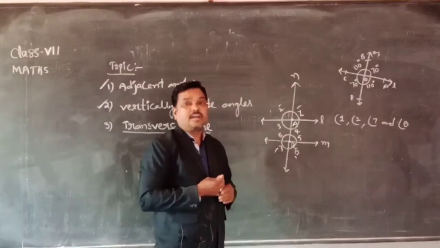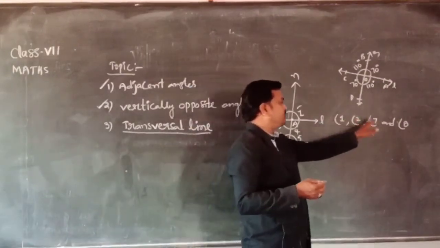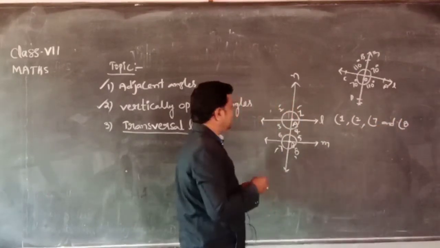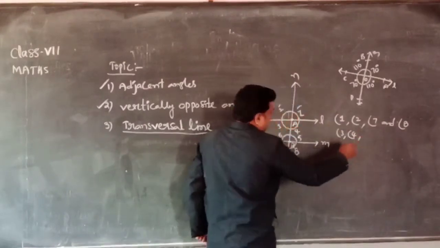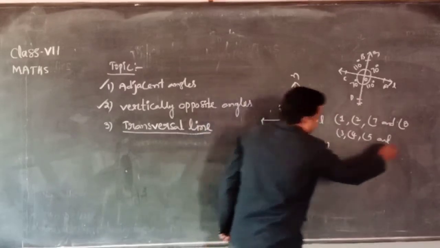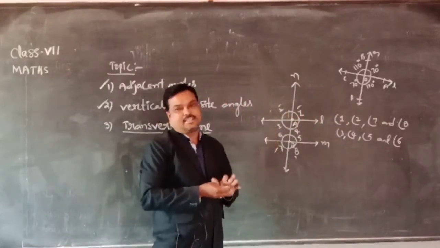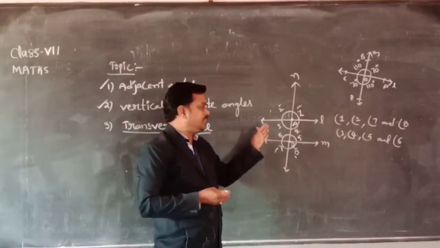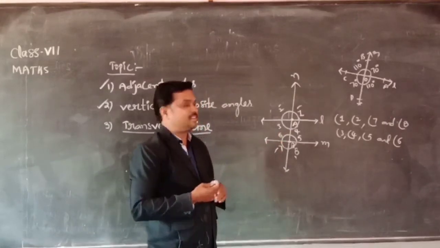These are called exterior angles. Angles 3, 4, 5 and 6 are inside the two lines, so these are called interior angles.